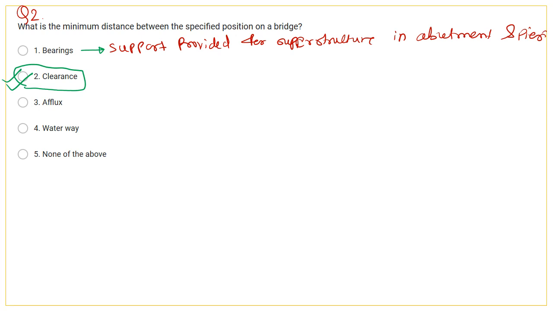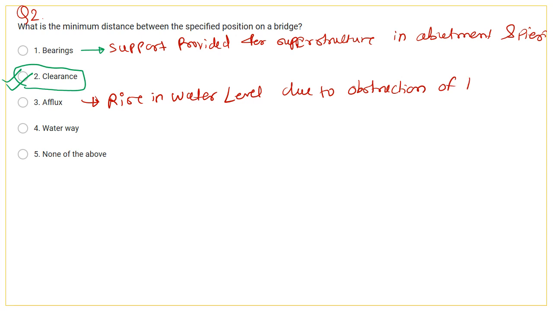The next is afflux. Afflux is nothing but the rise in water level due to obstruction of the bridge.